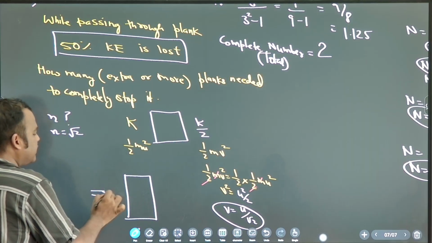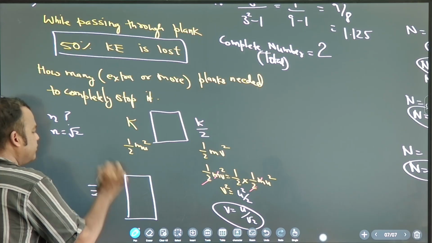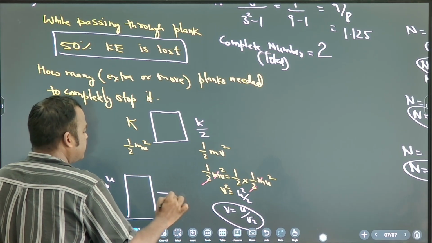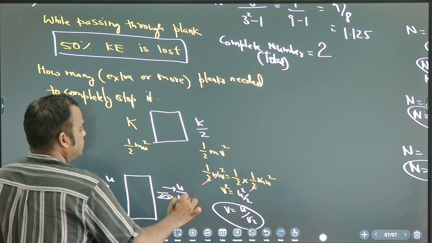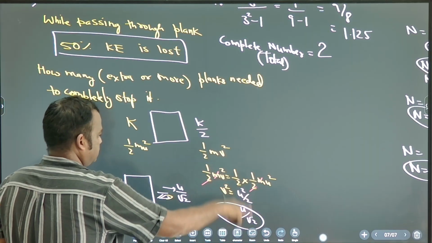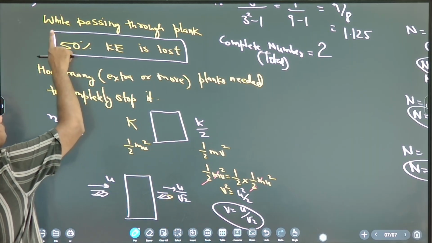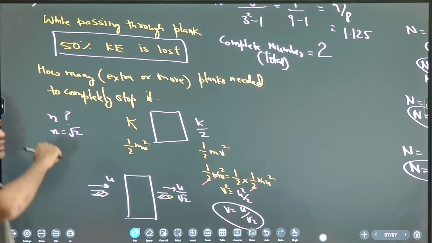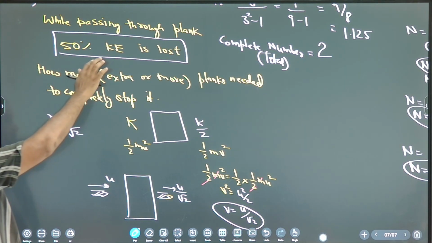Suppose the bullet is coming with velocity u. So after one plank, what is the velocity? U by root 2. Clear? While passing through a plank, 50% kinetic energy is lost. So how much is lost? Half.